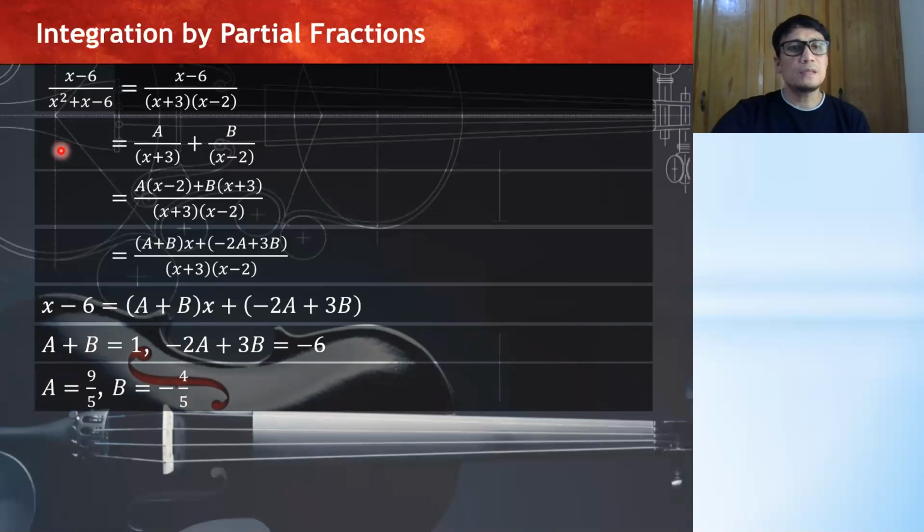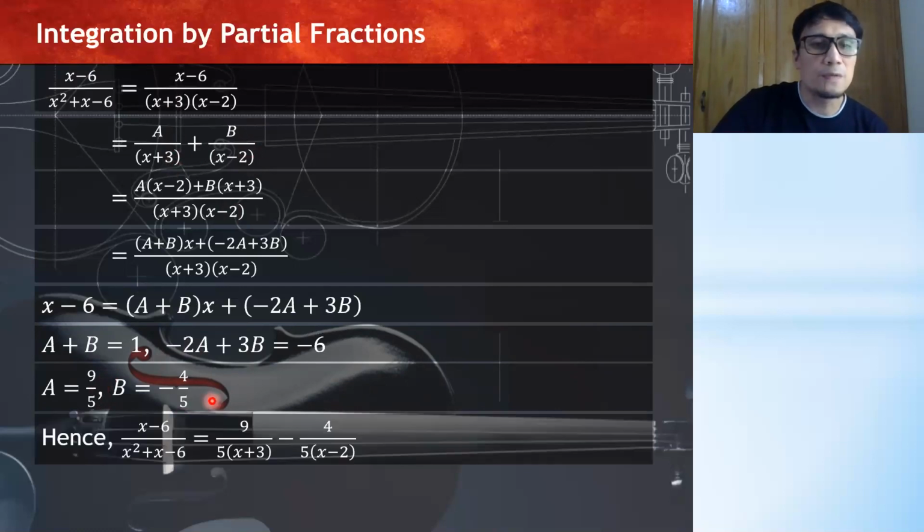And that means that this rational function can be decomposed, or written as the sum of two partial fractions. The two partial fractions are A over x plus 3 plus B over x minus 2, where your A is 9 over 5 and your B is negative 4 over 5.